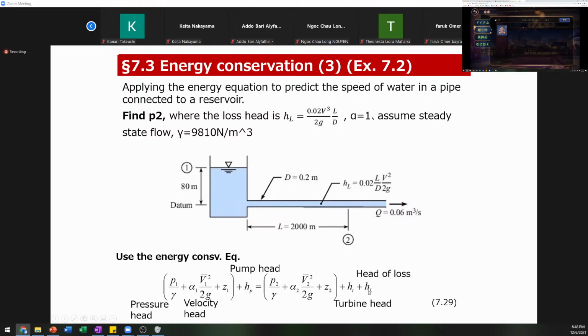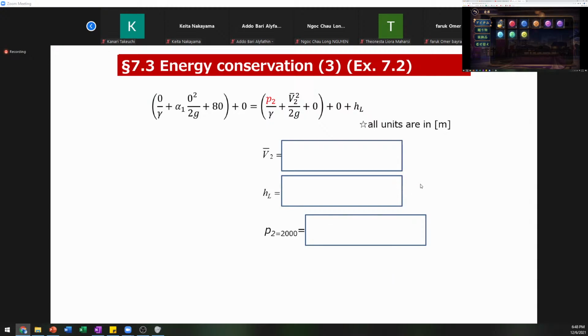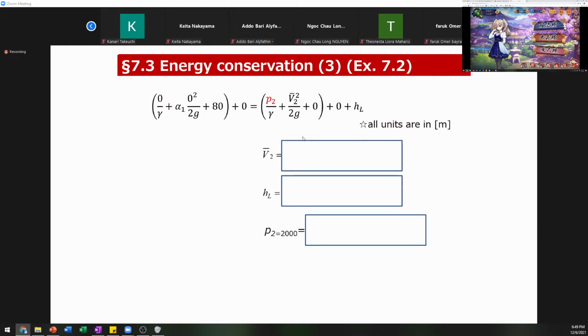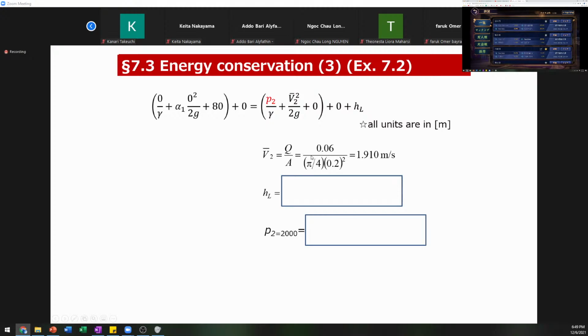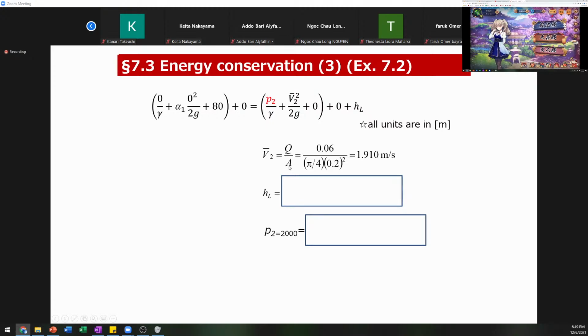And there is no turbine head, but there is a head of loss. You can substitute all the numbers here, but there are two unknowns, P2 and mean velocity 2 at position 2. And then you can calculate the velocity, which is defined as Q over A.